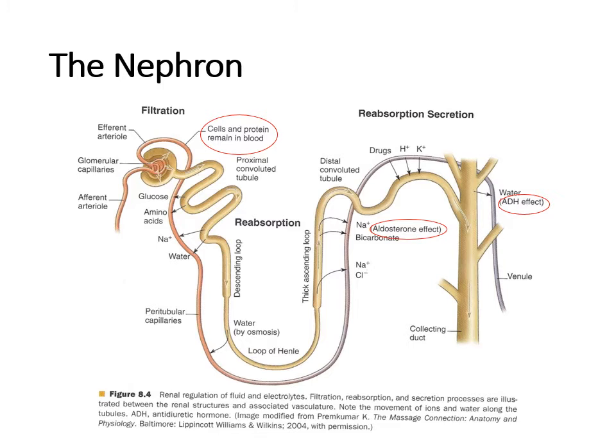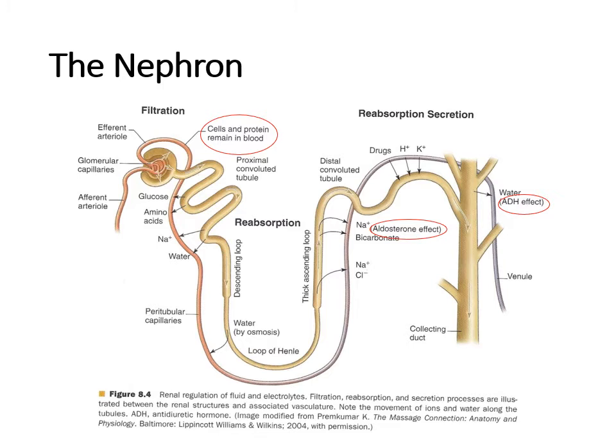Okay, so reabsorption is fluid coming back into the bloodstream or electrolytes, and secretion is the blood vessel putting more into the nephron. Okay, so say it wants to put more drugs that a patient's taking, or it wants to get rid of more hydrogen atoms or potassium. That's called tubular secretion. Okay, so you have tubular reabsorption, tubular secretion.